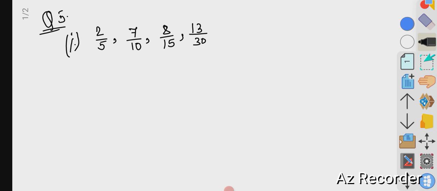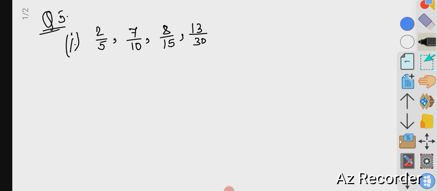You have to be alert in one thing. Whenever you are given this kind of question, where you have to arrange the rational numbers in ascending or descending order, make sure that before you compare them, the rational numbers are in the standard form.